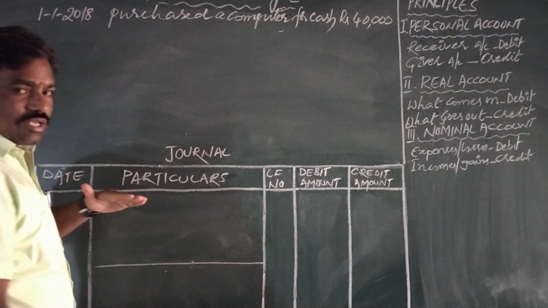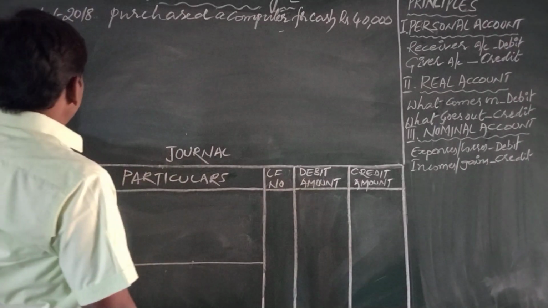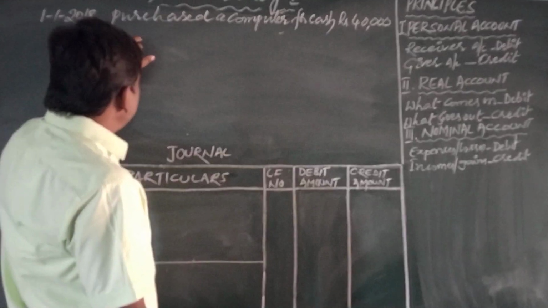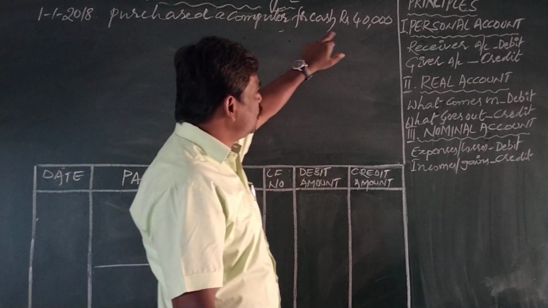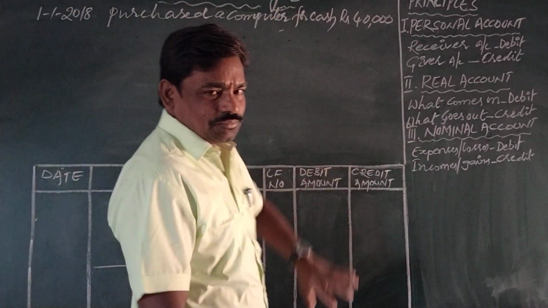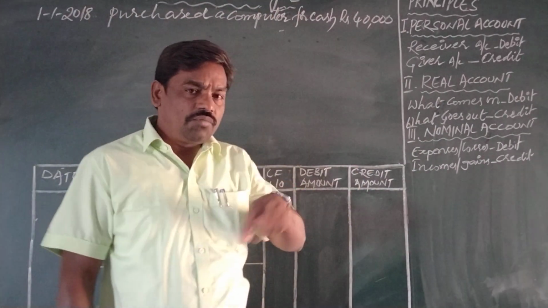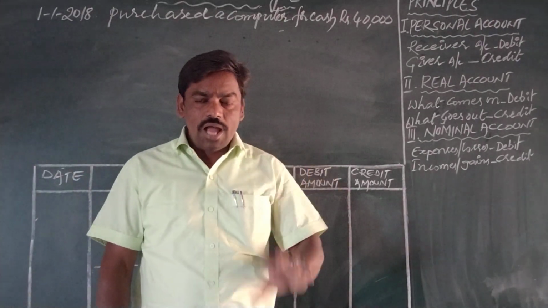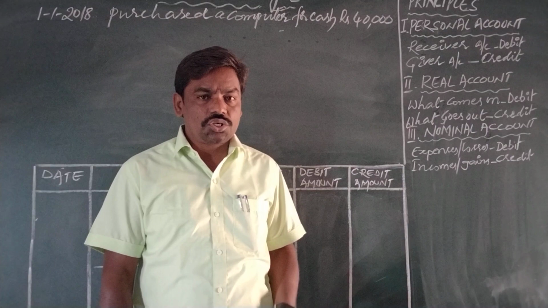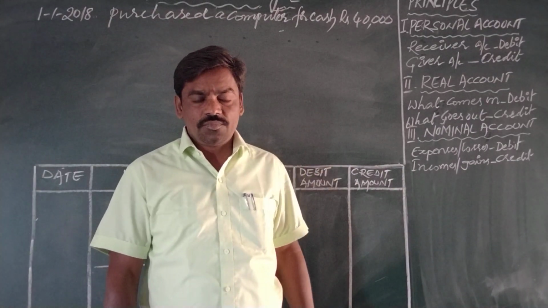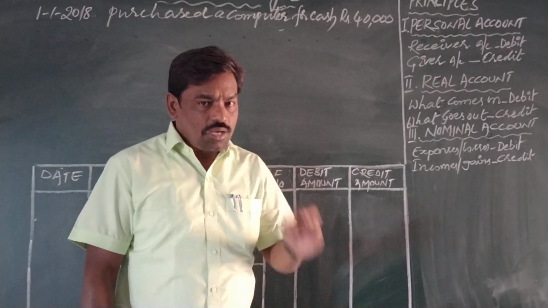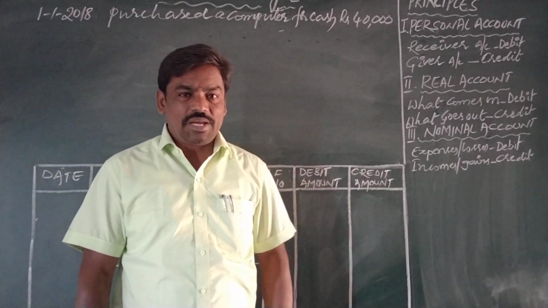See here, one transaction is given: January 1st 2018, purchased a computer for cash rupees 40,000. It is the business transaction. We already know that as per the dual aspect concept, every business transaction will have two aspects.